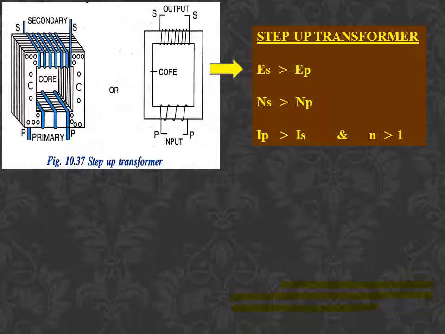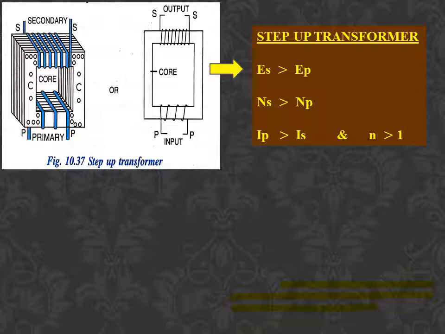The number of turns in the secondary coil is more than the number of turns in the primary coil. That is, Ns is greater than Np, because of which the turns ratio N is equal to Ns by Np, right? So N will be greater than 1.